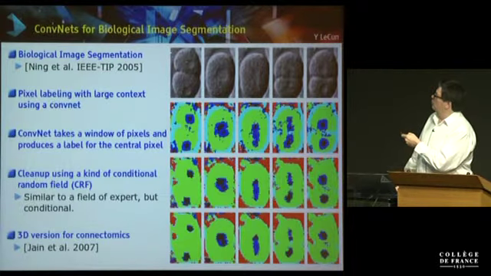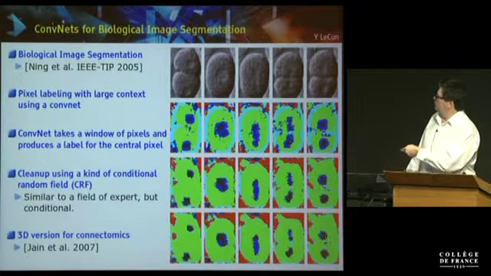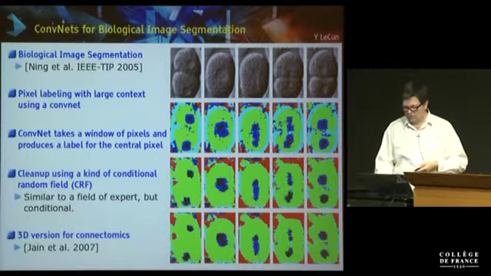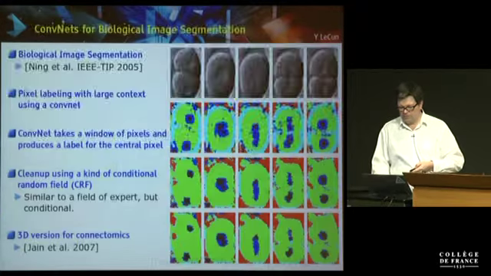So we train the network. It takes a large number of contexts and we clean up to be able to count the number of cells and kernels.